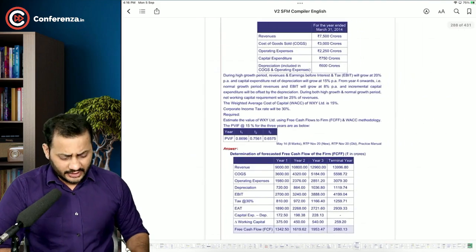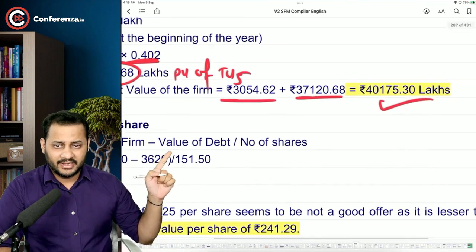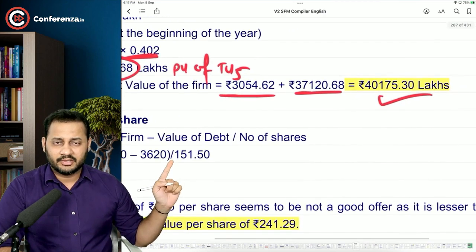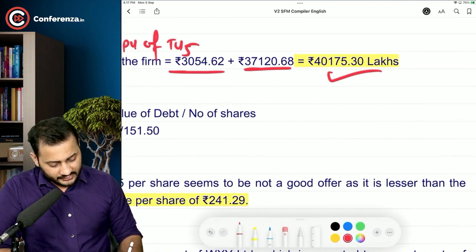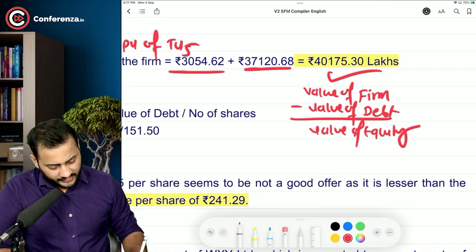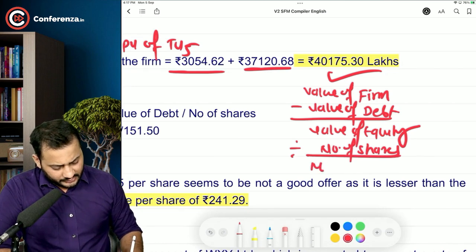So the value of the firm that you have just calculated minus the value of debt will become the value of equity, and then divided by number of shares, that will be value per share. So I can write it like this: value of firm minus value of debt will give you value of equity, divided by number of shares, and this is market price per share.